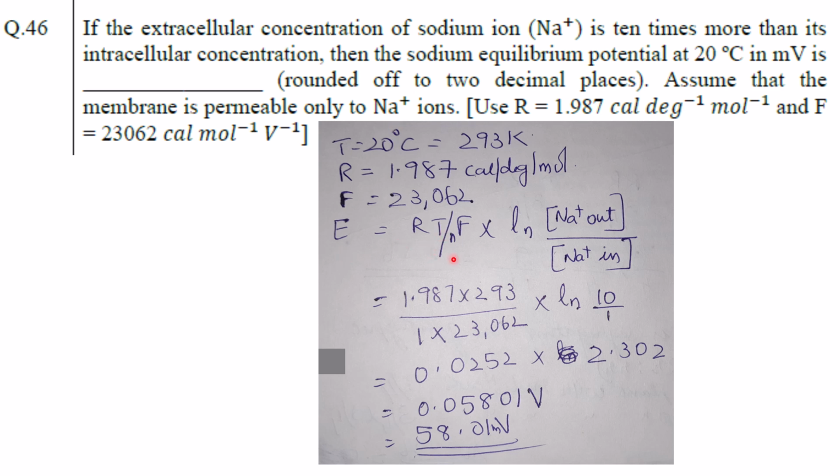E is equal to RT by nF into ln concentration of Na plus out by concentration of Na plus in. n is 1 because sodium ions carry plus 1 charge. T converted to Kelvin is 293 Kelvin. Substitute the values, you will get 0.05801 volt. Convert to millivolt, because they have asked in millivolts.